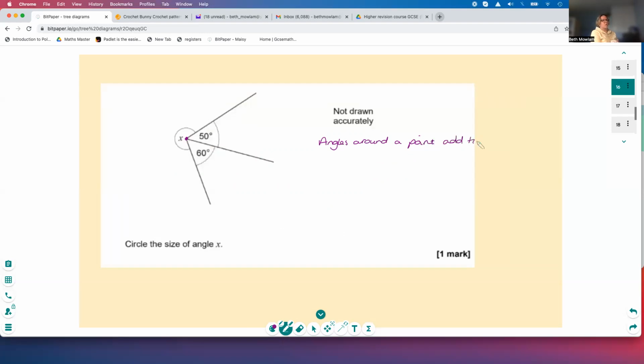So that would be our reason if it was to ask us. So we add up the ones we already got, and we take it away from 360 because angles around a point add up to 360. So x would equal 250 degrees.